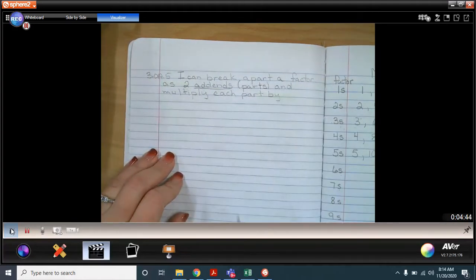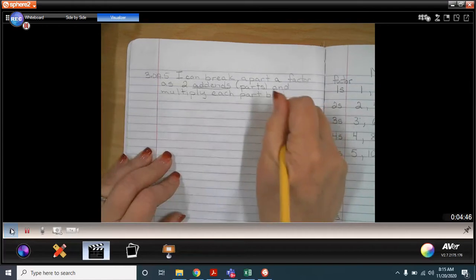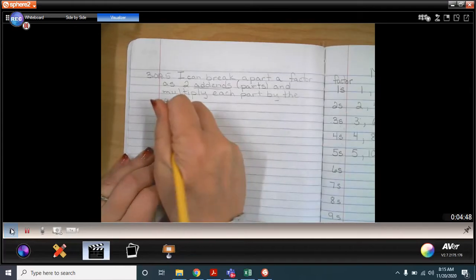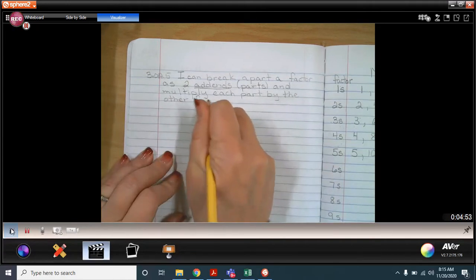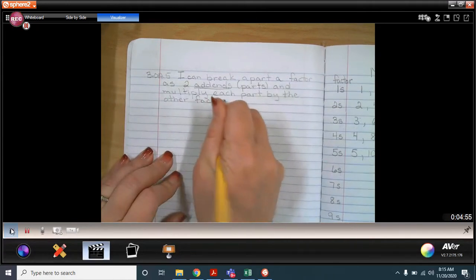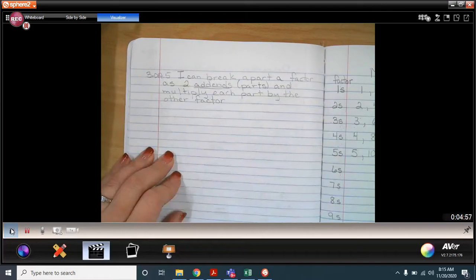So we are going to multiply by the other factor. Now, the other factor being, which one did we not break up? If we broke up the first one, then we would multiply the first 2 parts by the other factor, or the second factor.